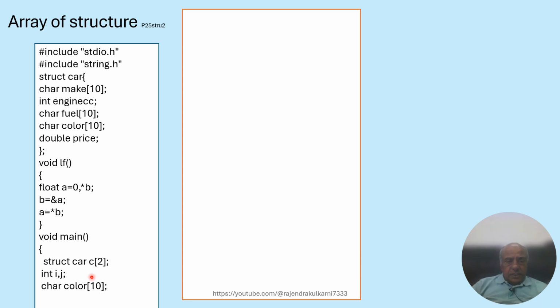Then we have declared an array of structures car with the declaration struct car c[2]. So c is an array of structure car having dimension 2. Then there are two int variables and one string variable called color.